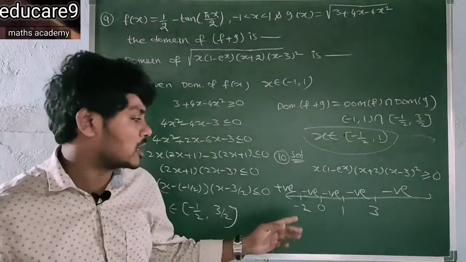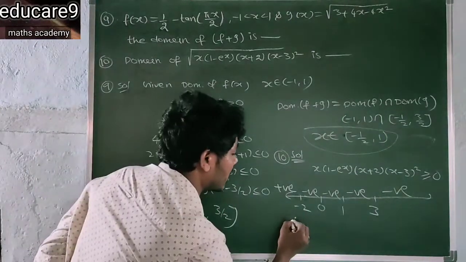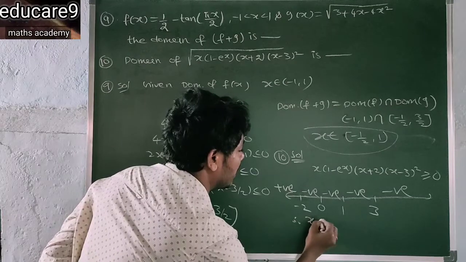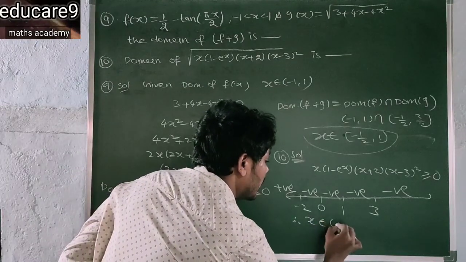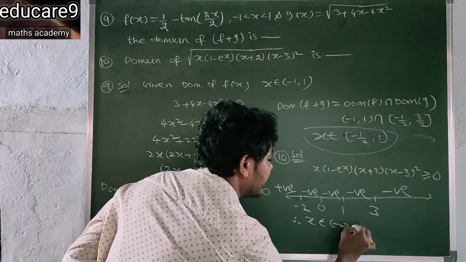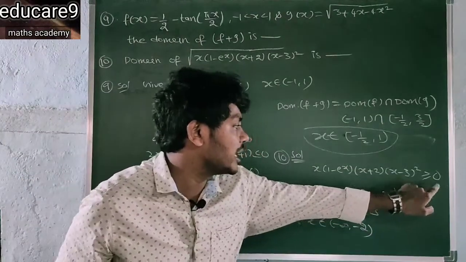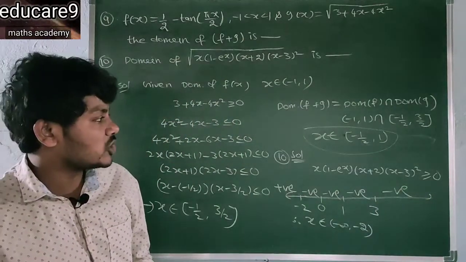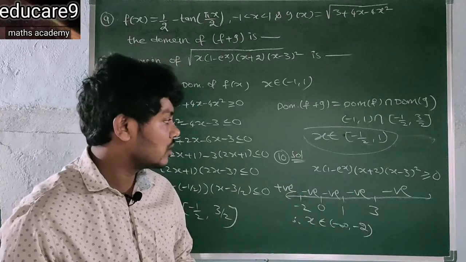But this expression is what? Positive. Where is it positive? Below minus 2. So therefore x belongs to the open interval minus infinity comma minus 2. But here equal to 0 also is there. Where is it equal to 0? At x equal to 0, it is 0.